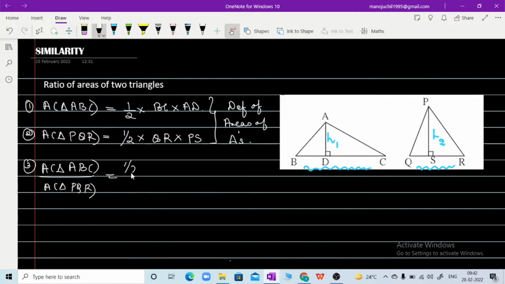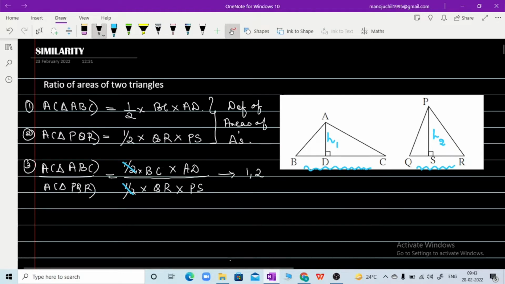So it's going to be half BC into AD upon half into QR into PS. This I am getting from statements 1 and 2. I divided equation 1 by equation 2.